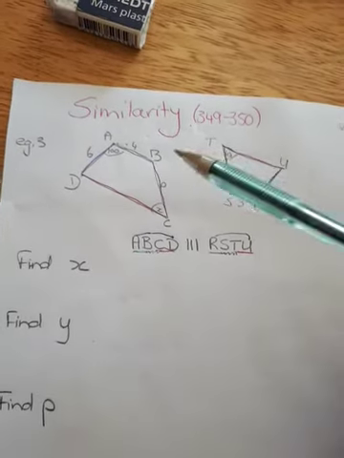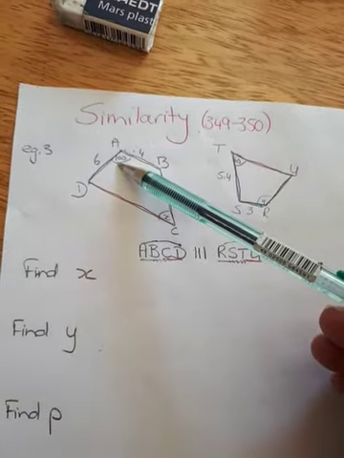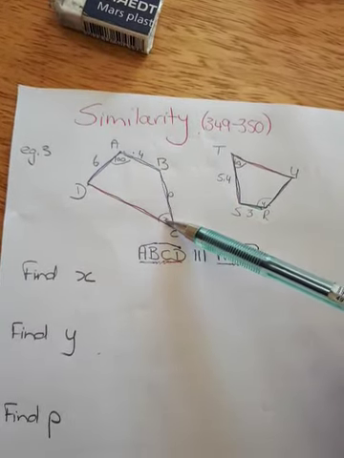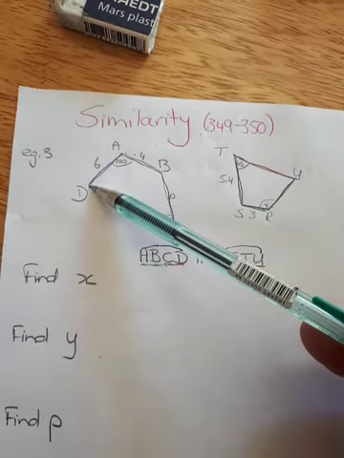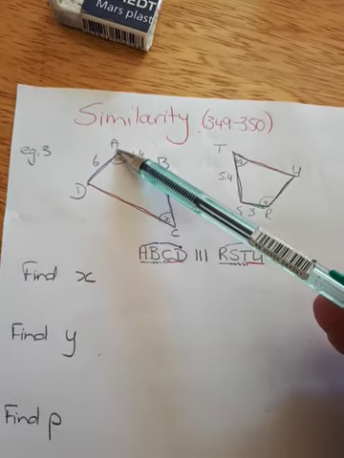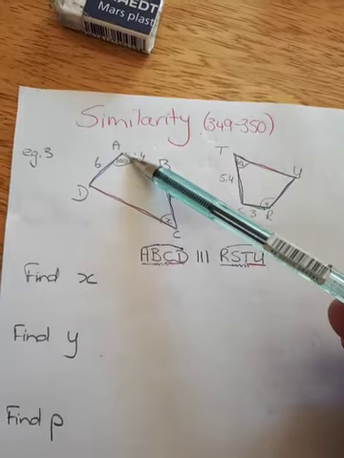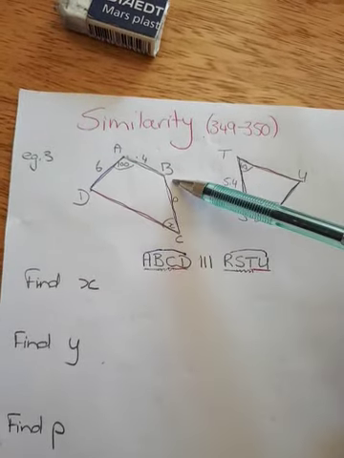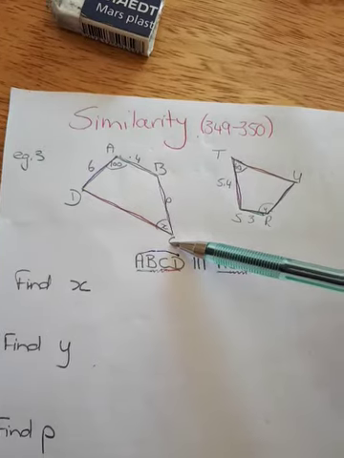Okay, if you now look at this one, you are given an angle of 100 and an angle of X, right? Then in this ABCD, you are given the size of 6 for AD and of 4 for AB, and you are given P for BC, right?